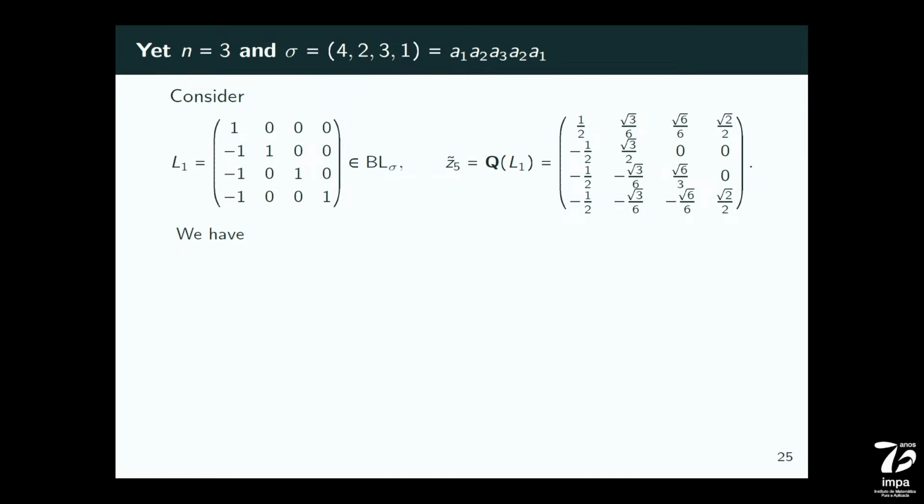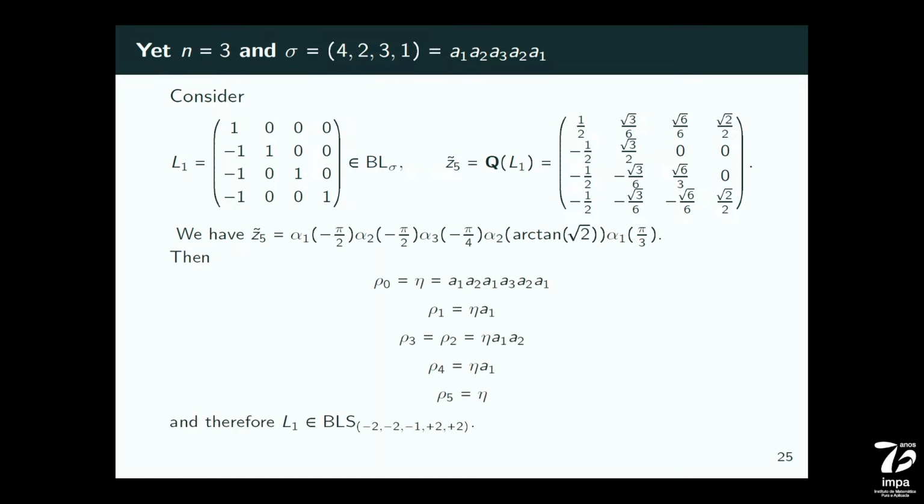We constructed this using Maple. In fact, we use a lot of Maple to do our computations or to double check our computations. For example, I took this matrix here in this B_L sigma that satisfies the condition to stay in the set. And we took the orthogonal part of this matrix. Let's say we did the QR decomposition. The orthogonal part is this one.